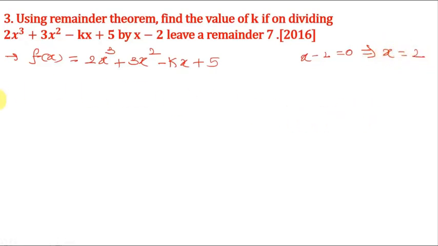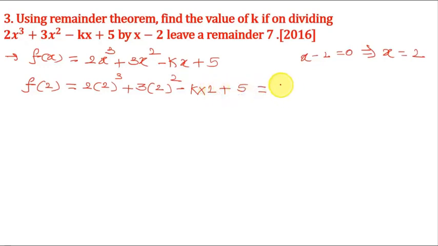Now we'll find out the value. f of 2 is equal to 2 into, in bracket, 2 cube plus 3 in bracket 2 square minus k into 2 plus 5. But what is the remainder? It means the value of this polynomial is 7.